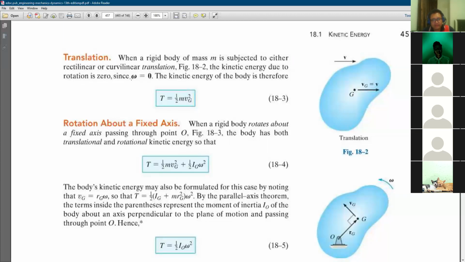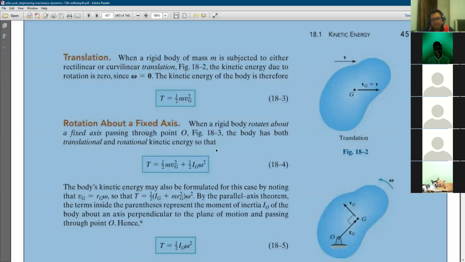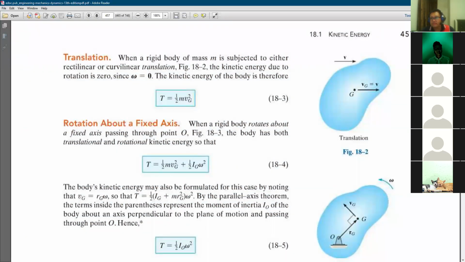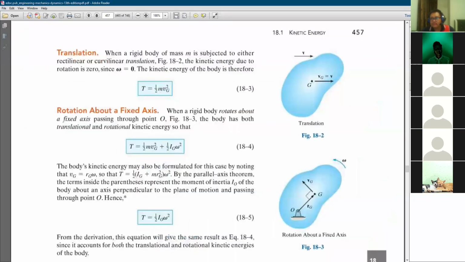So you can see that this is for the translation, and here is the rotation. The only difference is that last time we only looked into this.